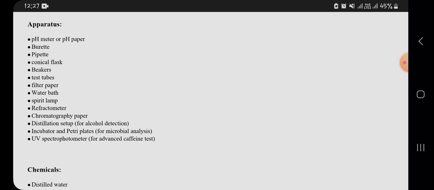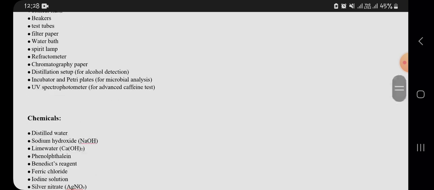Next one is apparatus. The apparatus that we need to perform this practical is pH meter or pH paper, burette, pipette, conical flask, beakers, test tubes, filter paper, water bath, spirit lamp, refractometer, chromatography paper, distillation setup for alcohol detection, incubator or petri plates for microbial analysis, UV spectrophotometer for advanced caffeine test.